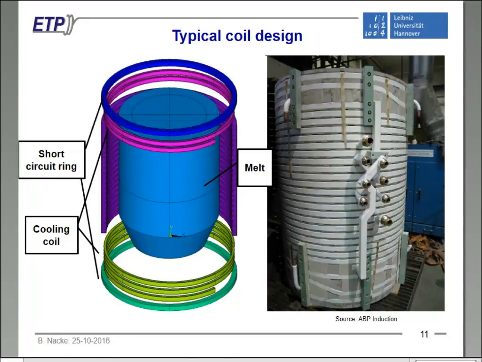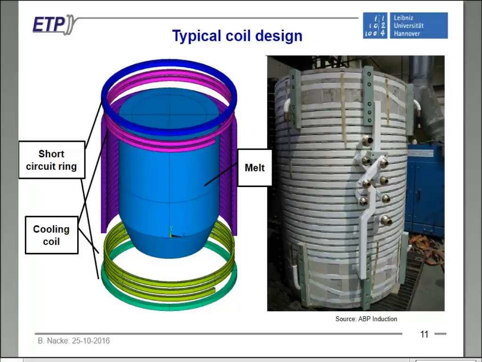Of course, the cooling coil is also penetrated by the electromagnetic field, and this generates some losses. And therefore, the distance is optimized. So a little more gap between the windings to decrease the losses, but enough still to cool the lining behind. So this is a typical coil with active coil, and also on top and bottom the cooling coil.